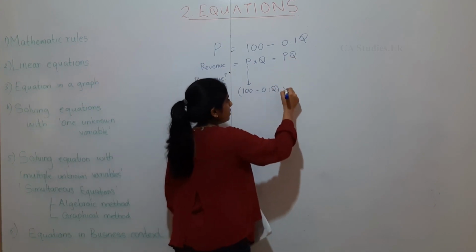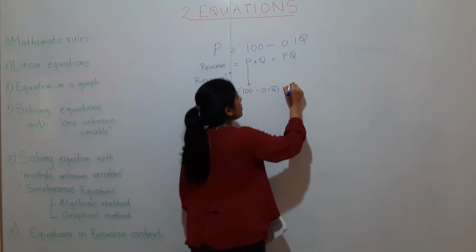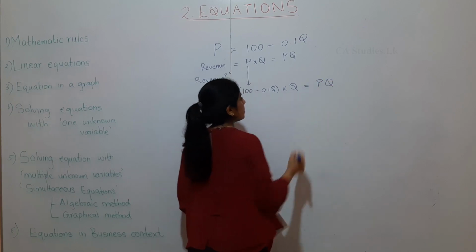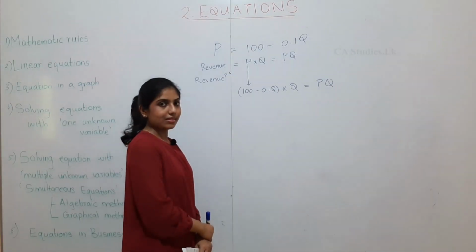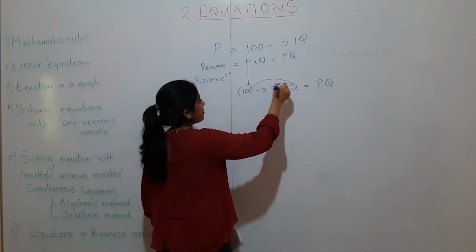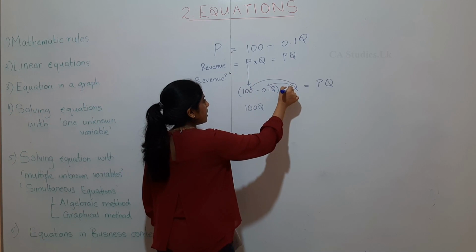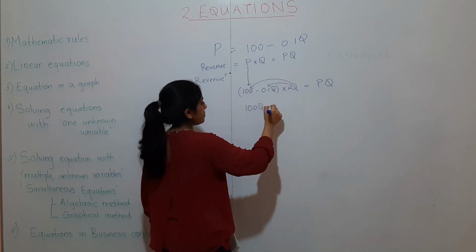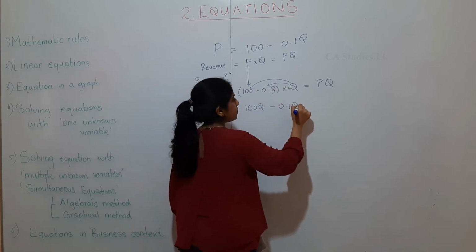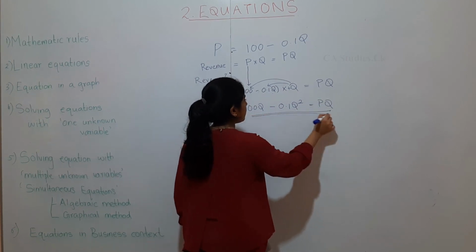Therefore, PQ can be equal to P, which is 100 minus 0.1Q, multiplied by Q. So first we multiply by the first term, then the second term, so it will be 100Q, plus into minus is minus 0.1Q multiplied by Q, which is Q squared, equals PQ. This will be your final answer.